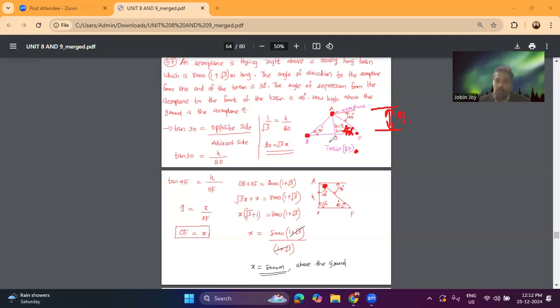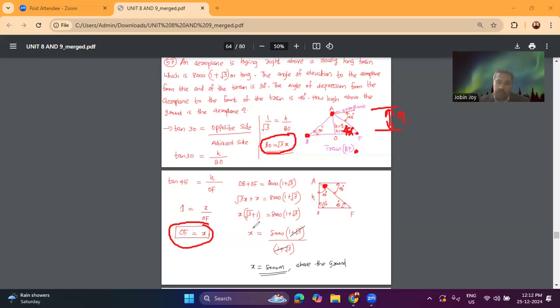We know that OB is equal to root 3 x and OF is equal to x. We know the total length of the train, which is 8,000 into (1 plus root 3) meter. So OB plus OF is equal to 8,000 into (1 plus root 3). So root 3 x plus x is equal to 8,000 into (1 plus root 3).